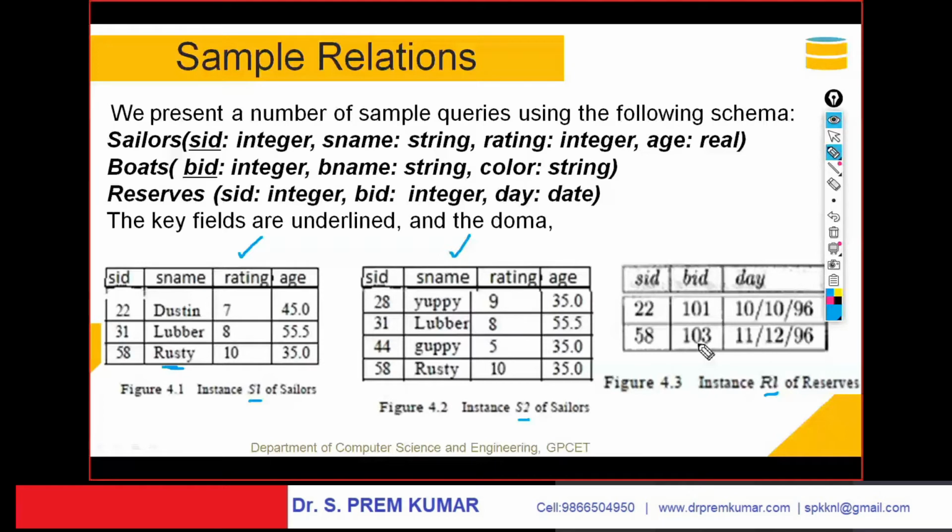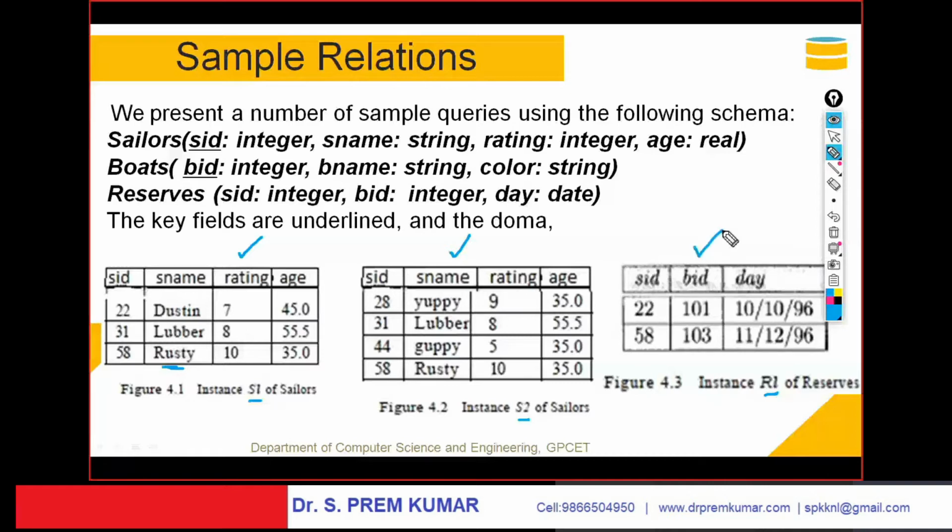You observe here, this relation is depicted as sailors: sailor ID is of integer, name is of string, rating is integer, and age is a real number, like 55.5. For example, take reserves.